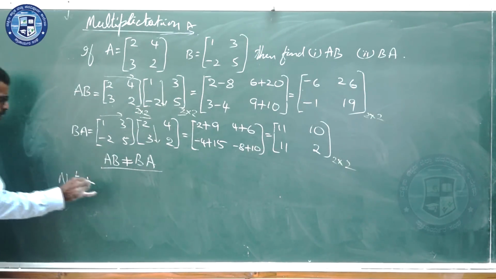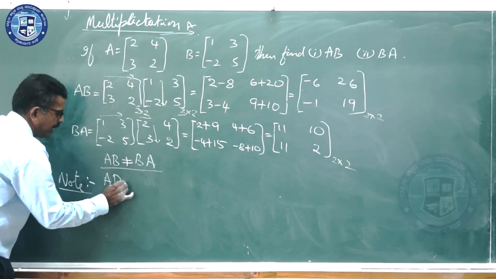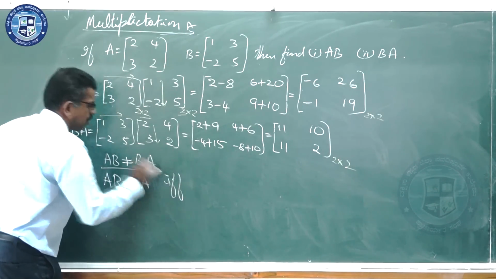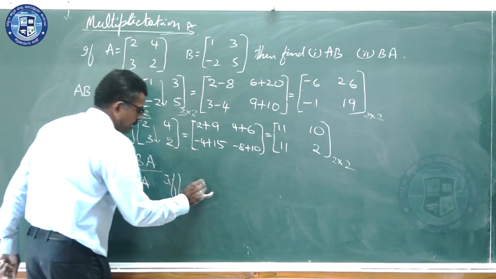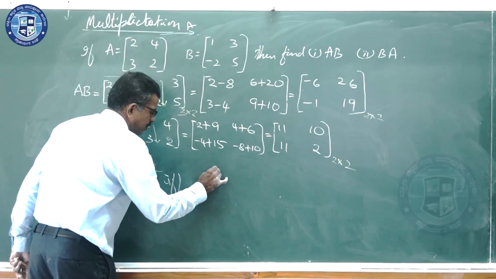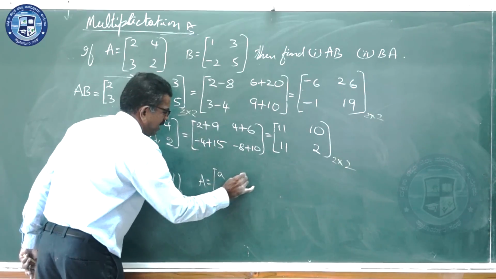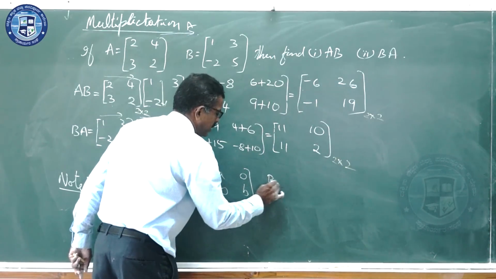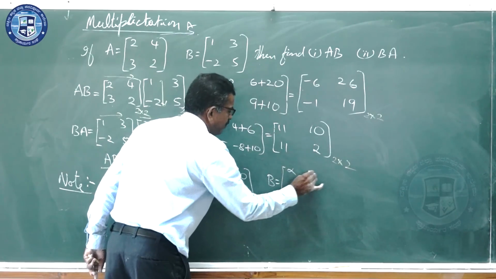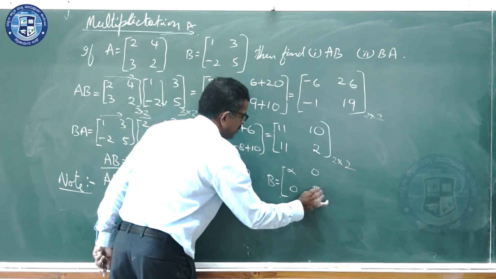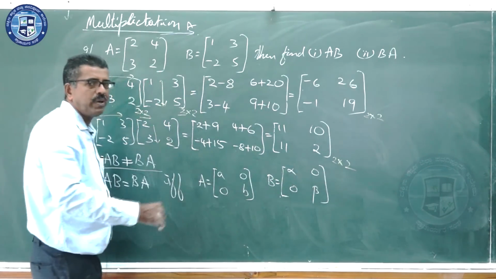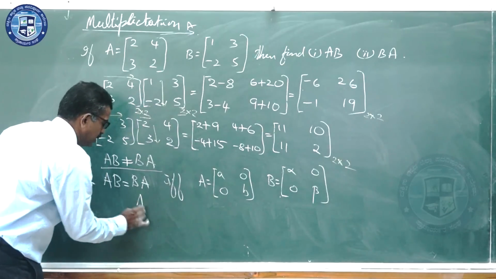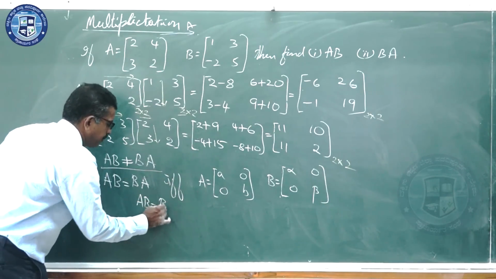I'll give this as a note: A into B is equal to B into A only if A is a diagonal matrix, say A is [alpha, 0; 0, beta]... I take here A, 0, 0, B, and B is another diagonal matrix. So let me take alpha, 0, 0, beta, something like that. This will always satisfy the commutativity, like AB will be equal to BA.